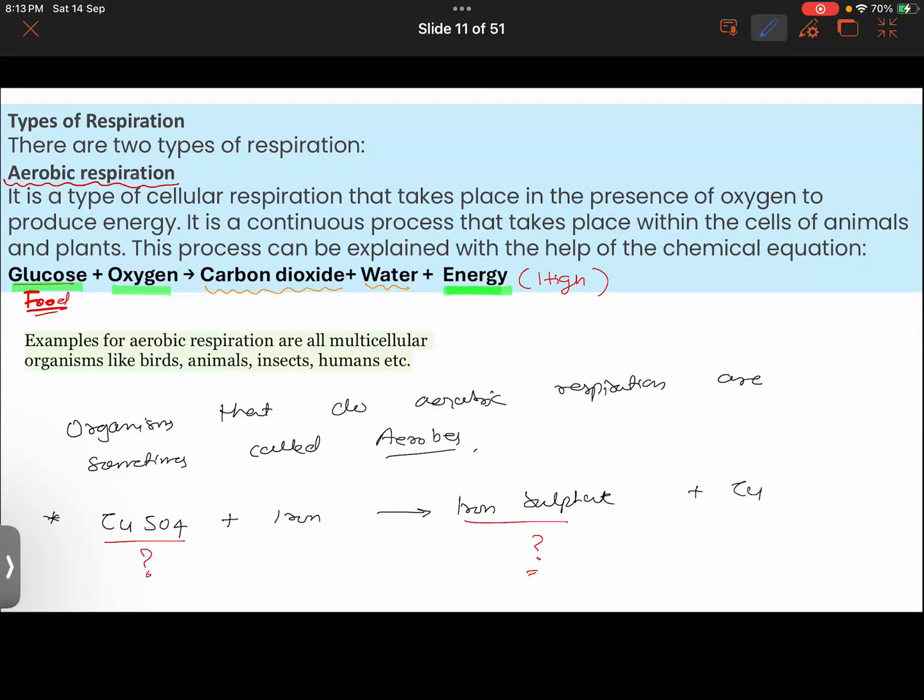This is copper sulfate. Finished, sir. You can write down in the chat also. Copper sulfate reacting with iron to give out iron sulfate and copper.